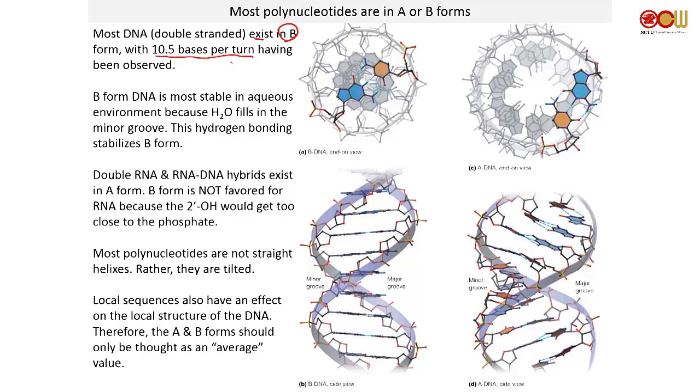If you take a look from the top-down view, the B form DNA is going to look like this, where in the middle it's very packed, and outside you have a bunch of water that binds with the phosphates on your sugar backbone.